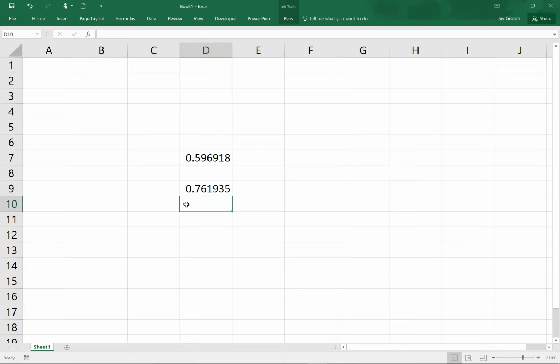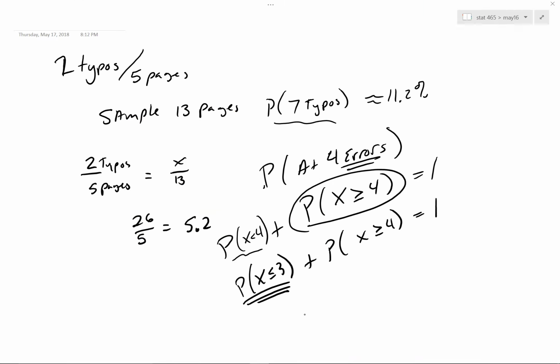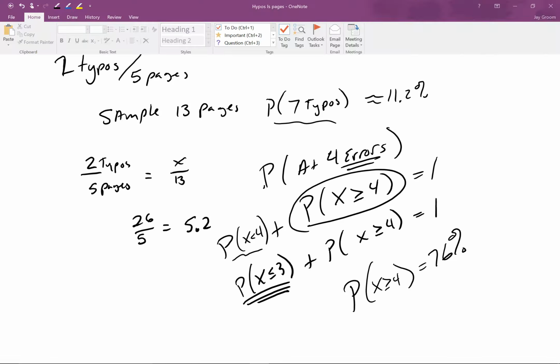So there's about a 76% chance that you will get at least 4 errors. Pretty easy to do.